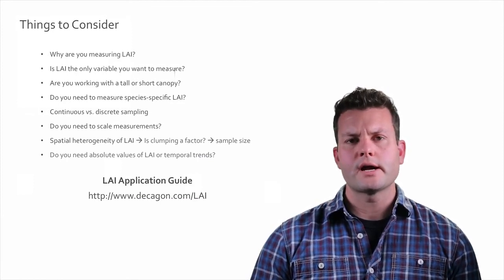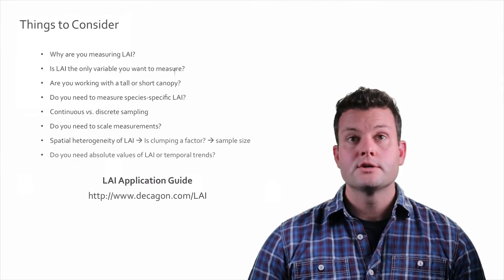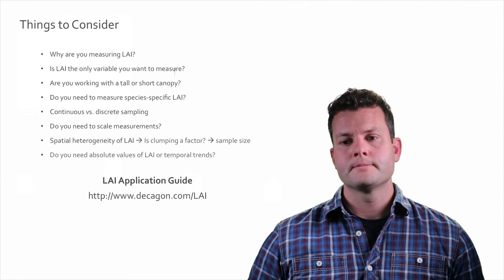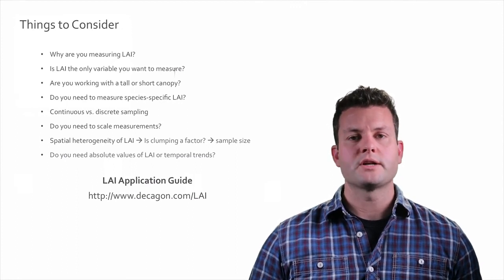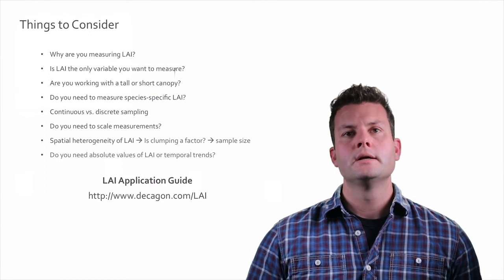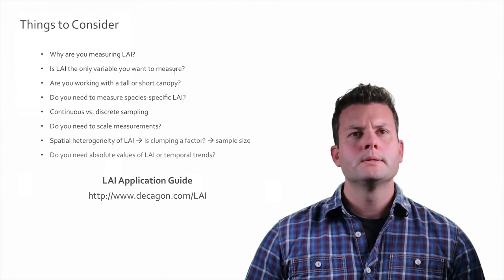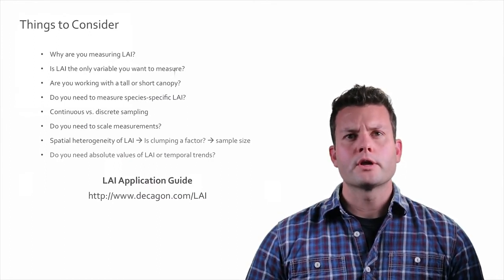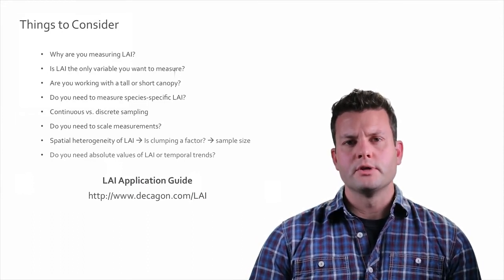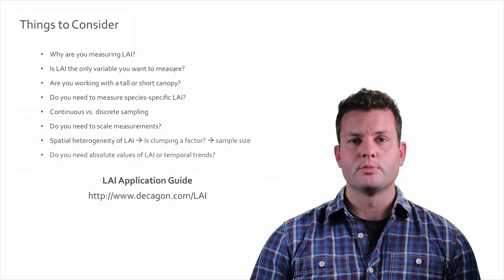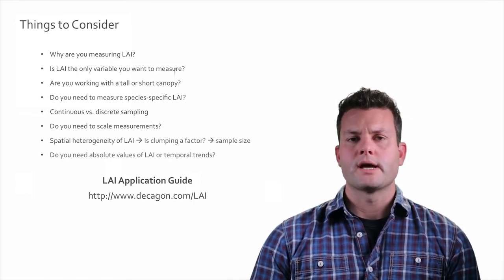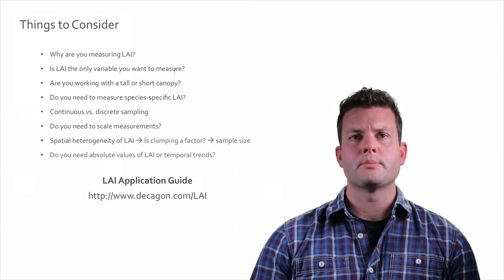Consider whether or not LAI is the only variable you want to measure. For example, we saw that hemispherical photography can produce several metrics about the canopy structure in addition to LAI that might be useful. Are you working with a tall or a short canopy? If you're working in an extremely tall canopy, maybe it's not feasible to put an NDVI sensor up above it because you just don't have the infrastructure to reach the top of the canopy.